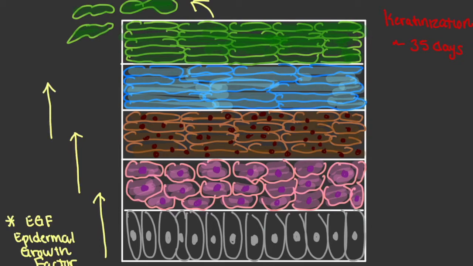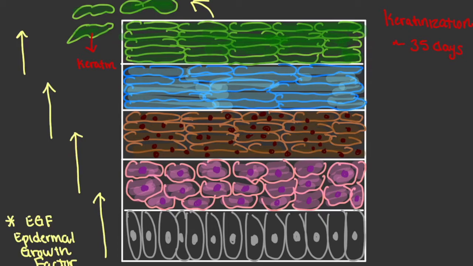And then finally, it would move into the stratum corneum. Now, here's where things get interesting. It is through this process, this upward motion, that we have the further development of a protein called keratin. And it's in the stratum corneum in which we have fully keratinized cells. And so inside of the cells, we have that protein keratin.